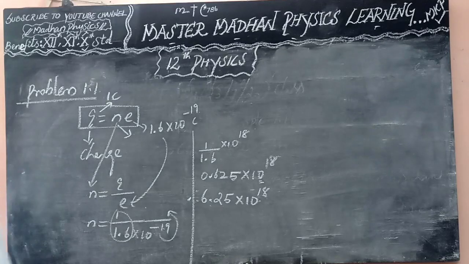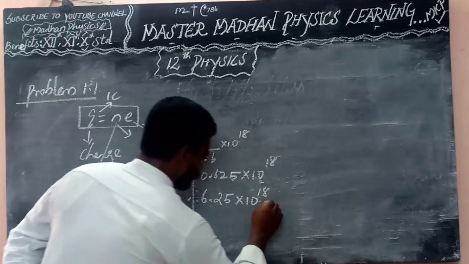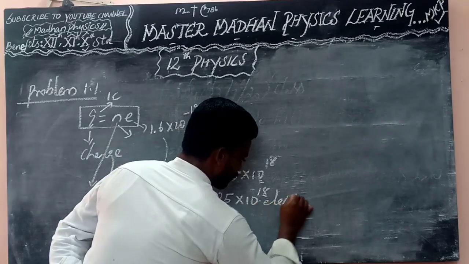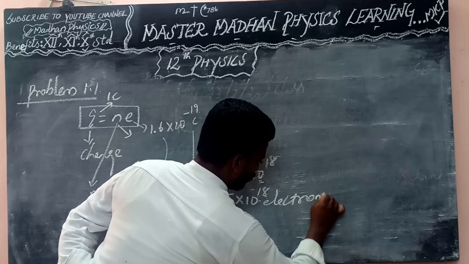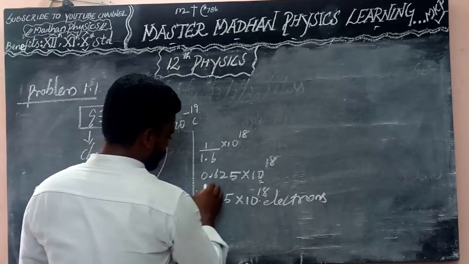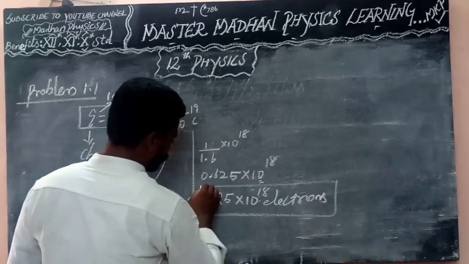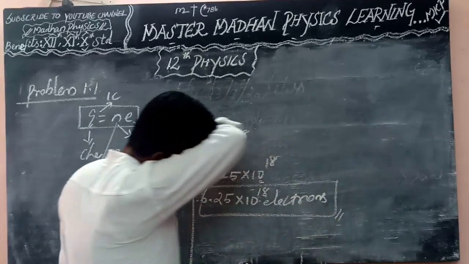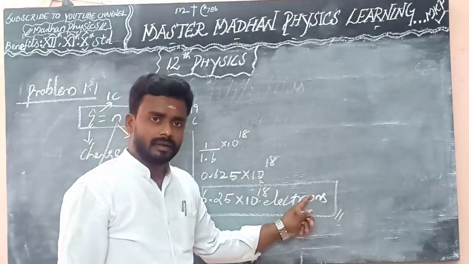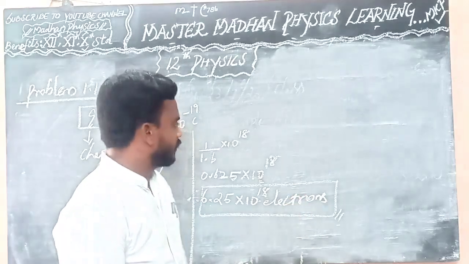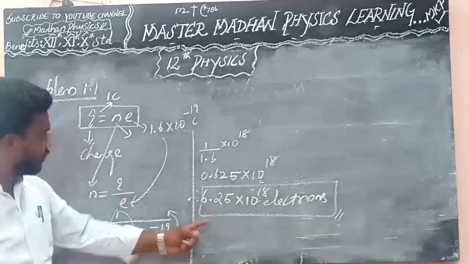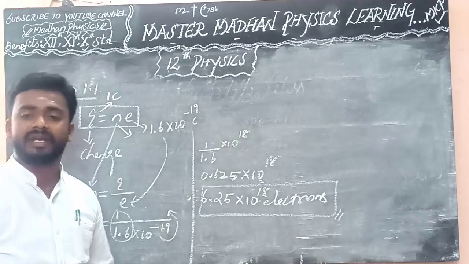That is the number of electrons. This is the problem. If you have any doubt, just look at this, very important.